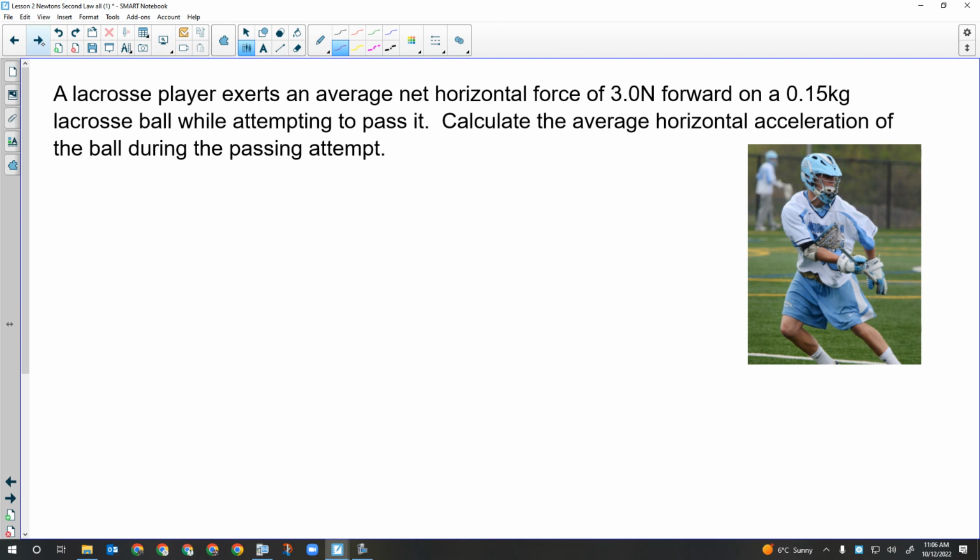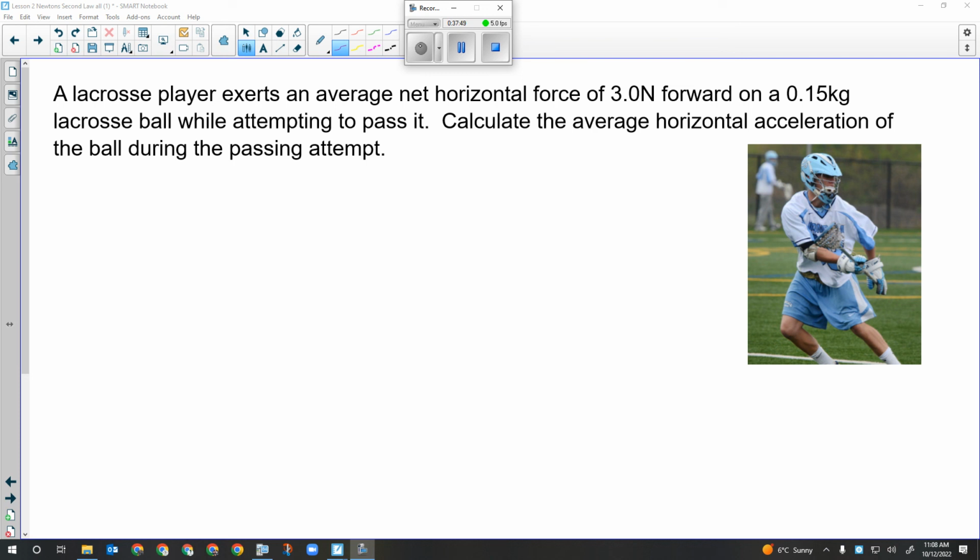This is about as easy as a Newton's second law question can get. Give it a try. Just so you know, you'd never get one this easy. Like, this is ridiculous. I don't even need a free body diagram for this, because what did they tell me? They told me the net force.